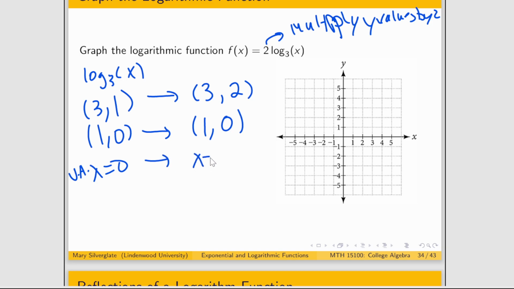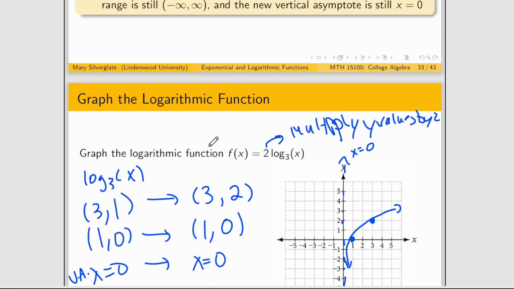And that vertical asymptote similarly doesn't move. It still stays at x equals 0. So we have a vertical asymptote we're going to draw with a dashed line here at x equals 0. We're going to have a point here at 1, 0, and a point here at 3, 2. So it got vertically stretched up a bit, if you notice.